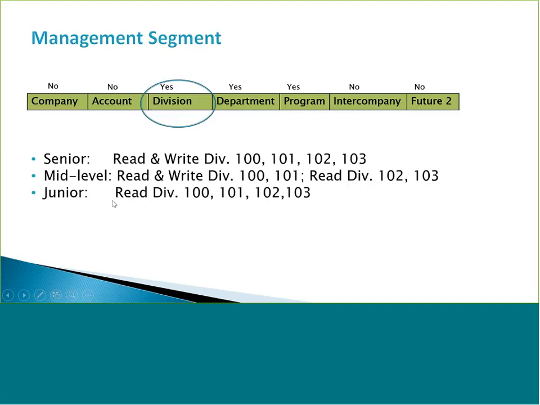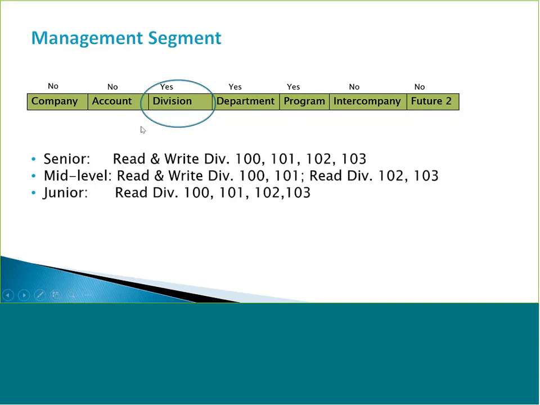So this is a scenario that we want to implement in our own system. However, I'm also going to use the balancing segment. What we are going to do is create one data access set using the balancing segment, and then use the management segment to create the other one. So we're going to create two additional ones.